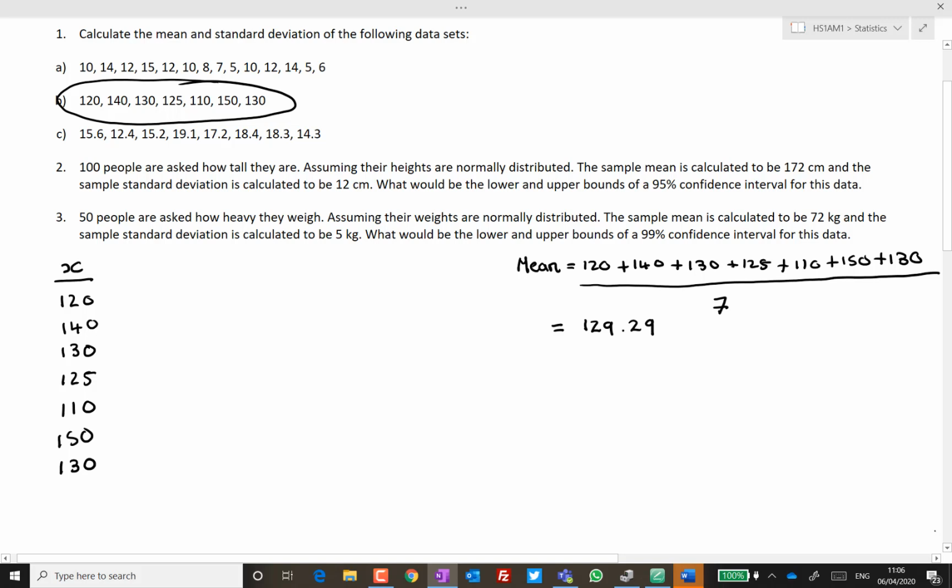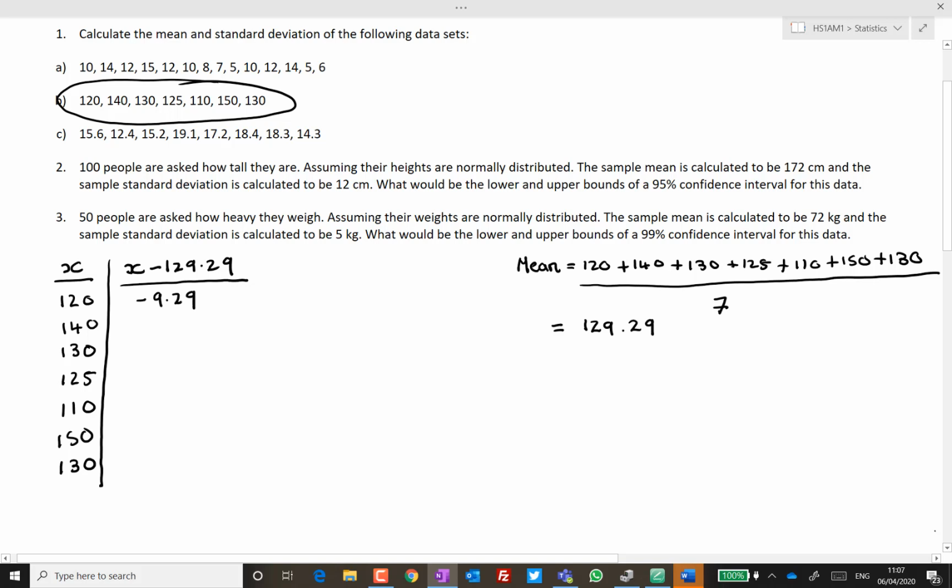So what we need to do next is take each one of our X values and subtract from it our mean value. So I'm going to do 120 minus 129.29, give me a minus 9.29.